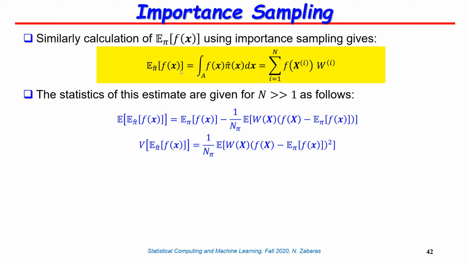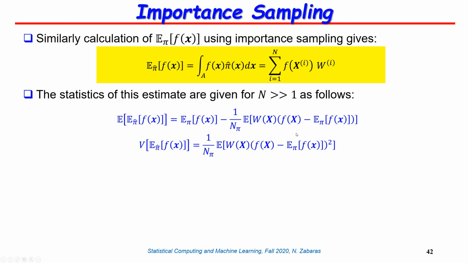So if you take the expectation of this approximation, it turns out that it's not equal to the true expectation. So this is the bias term, and you can see here the bias is 1 over n times this. So bias squared is reduced with n as 1 over n squared, and the variance is 1 over n times this expectation.